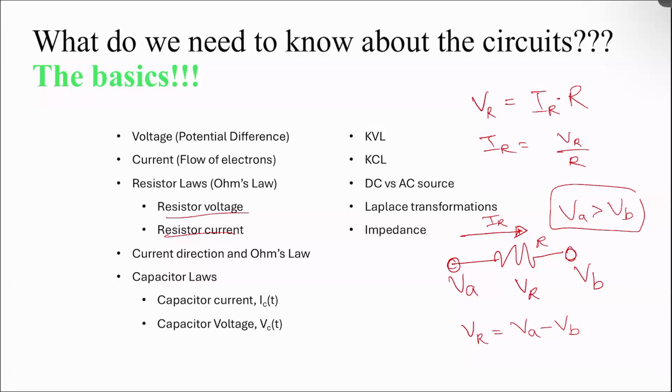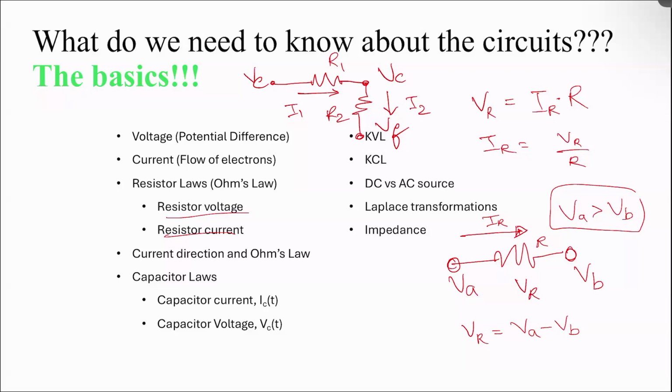If you have your current in this direction, let's call this VC, VE, and VF. This is your R2 and this is your R1. You have a current flowing like this, and we have a current flowing like this. So how do we write the equations using this information?